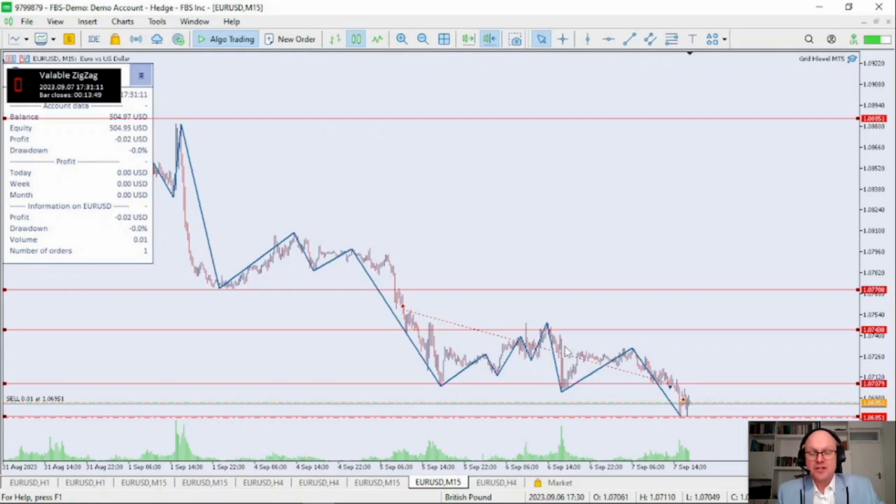So what I'm going to do is test the expert advisor, validate some settings and look at how it trades. But what I recommend you do is open up a demo account with your broker so that you can test it for yourself.